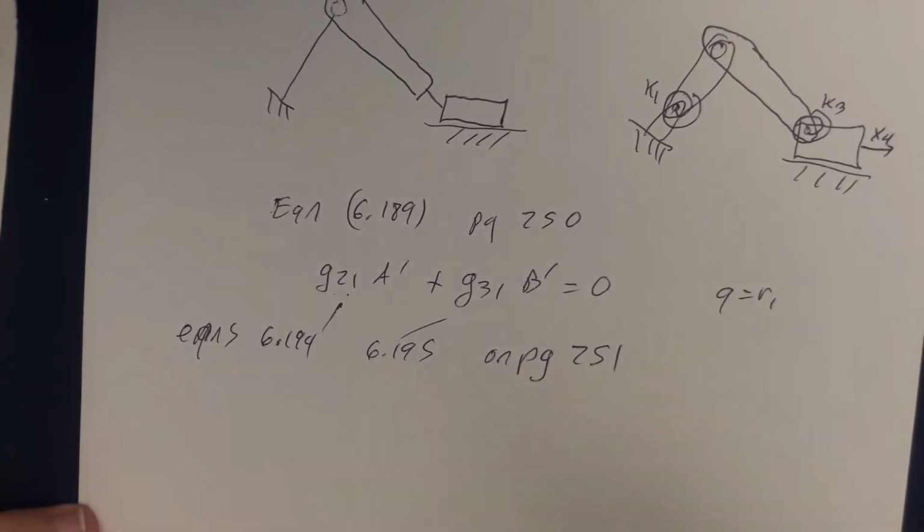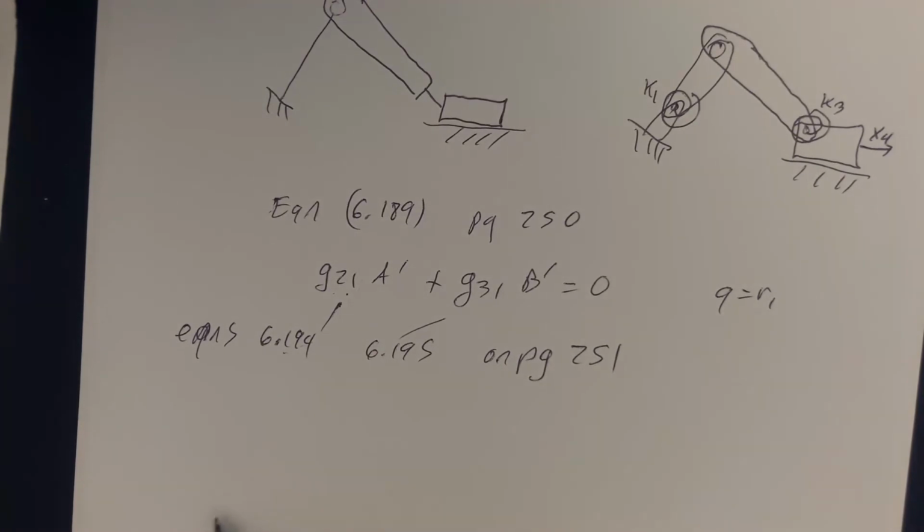So if you're going to do a 4-bar using these equations, you can't redefine the directions of your vector loops or the locations of your angles. You have to use the ones that Dr. Howe picked. All right, so these are numbers that come out of the kinematics of the problem that we can figure out and just do the kinematics of a crank slider.